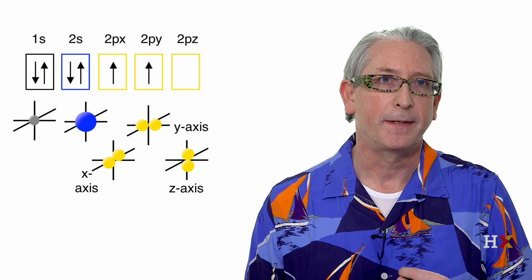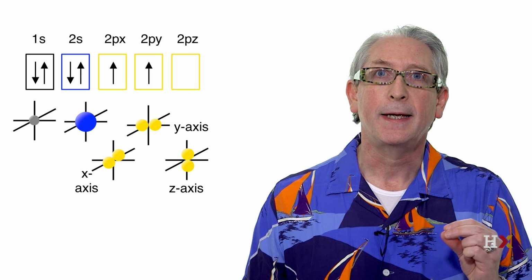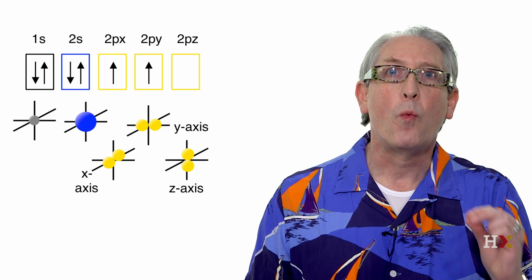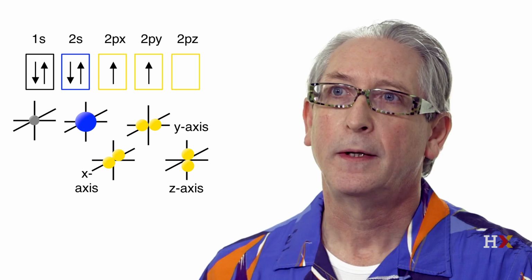The 2s orbital is further away from the nucleus than the 1s. Carbon also has 3 equivalent barbell-shaped orbitals called 2px, 2py and 2pz. The remaining 2 electrons are unpaired and each occupies one 2p orbital, leaving the third orbital, 2pz, unoccupied.